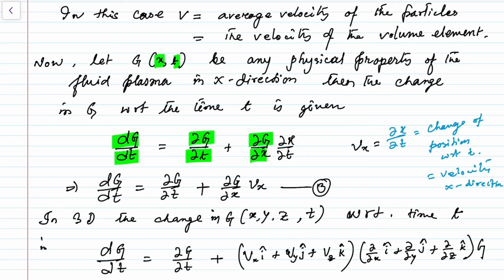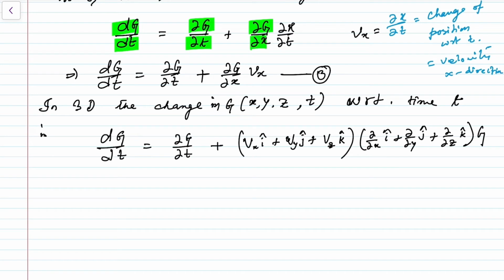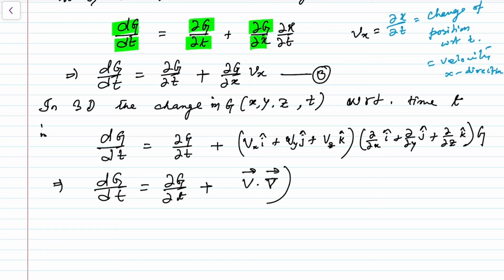so this can be written as, let me scroll up the page, this can be written as del z by del t plus v dot del z. Okay, this is equation number 4.